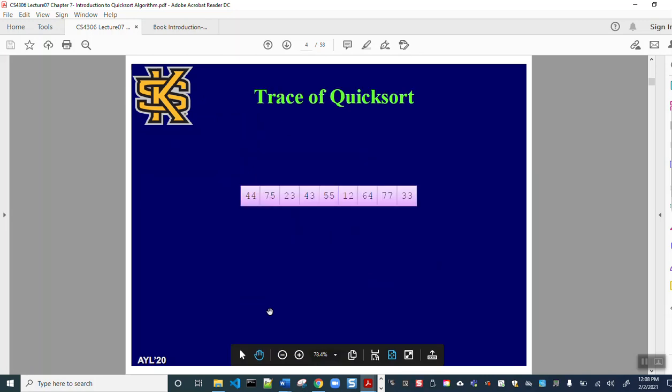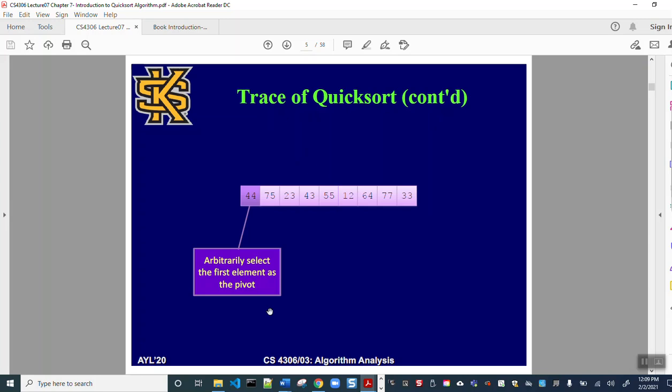So that is the process to divide the array. Let us trace the quicksort algorithm with this short example. The question is: where should we initially consider the pivot element? Any element we can consider as a pivot.